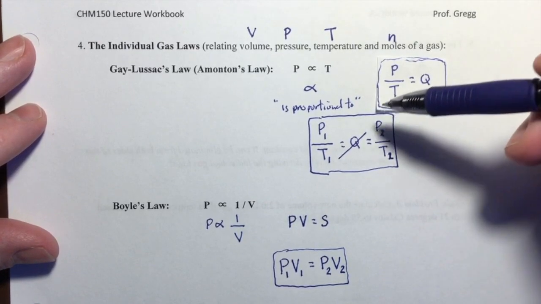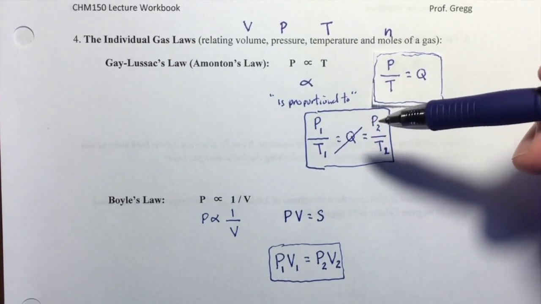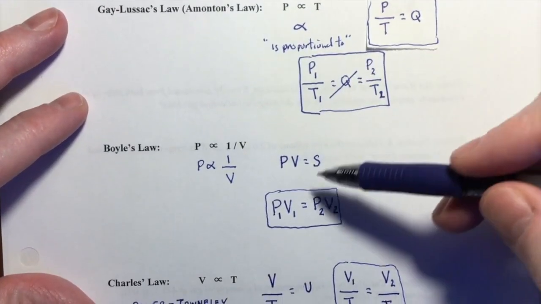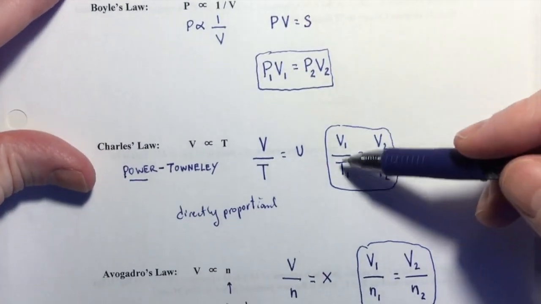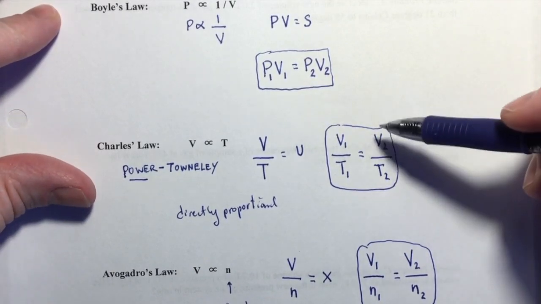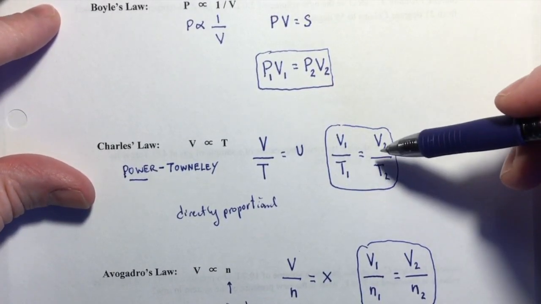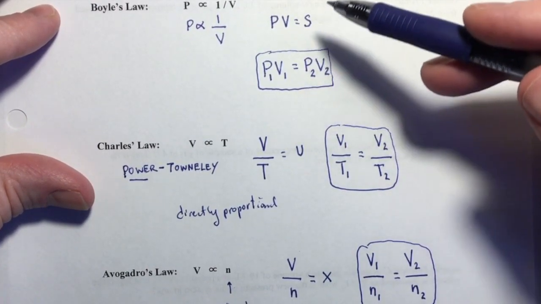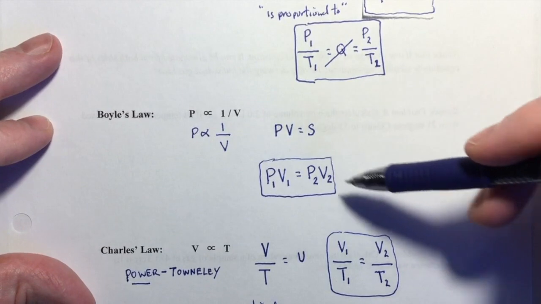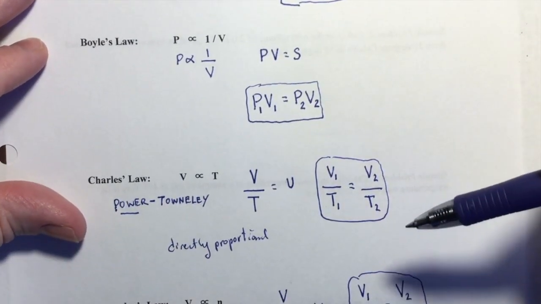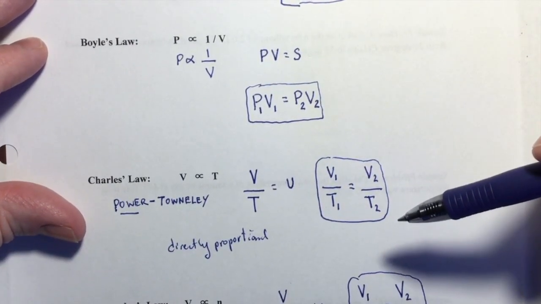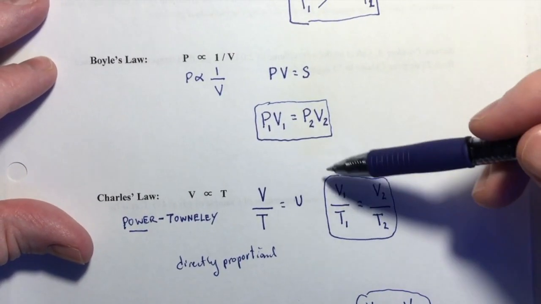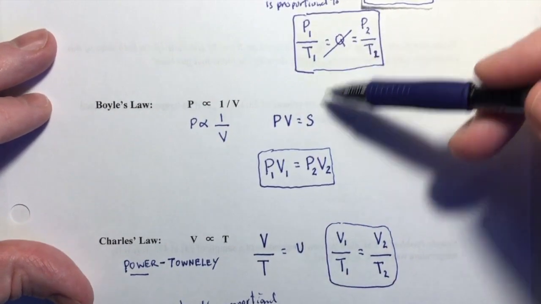I want you to understand the fundamental relationships with them, but you are not going to have to memorize these equations because here in a bit we're going to cover the combined gas law, and the combined gas law will have all of these equations wrapped up in it. And if you know the combined gas law, and how and when to manipulate it, you will be able to generate each of these equations as you need them.